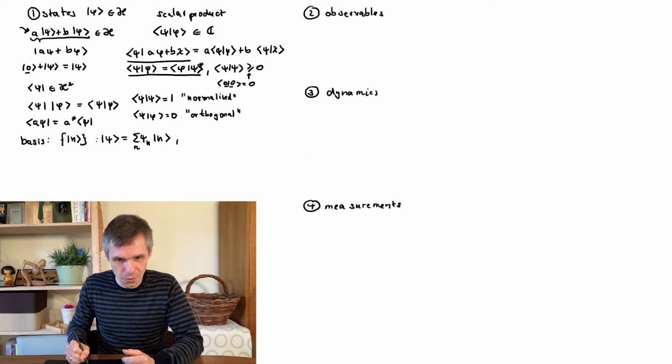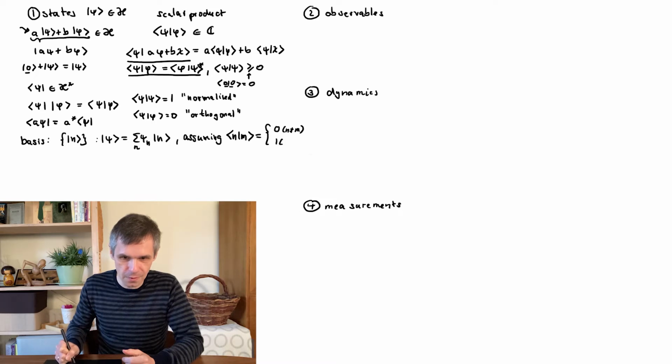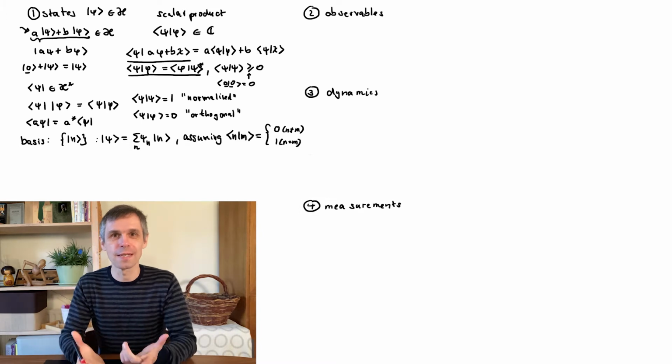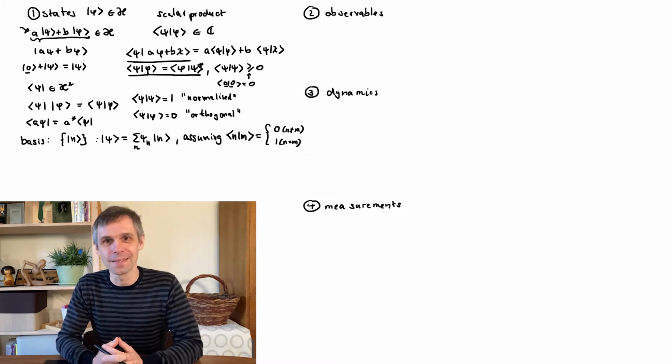So we are going to assume that the scalar product between two states in the basis vanishes when we talk about two different states. And if we talk about the same state, then this is just a normalized state. So this is like our basis in Cartesian coordinates.